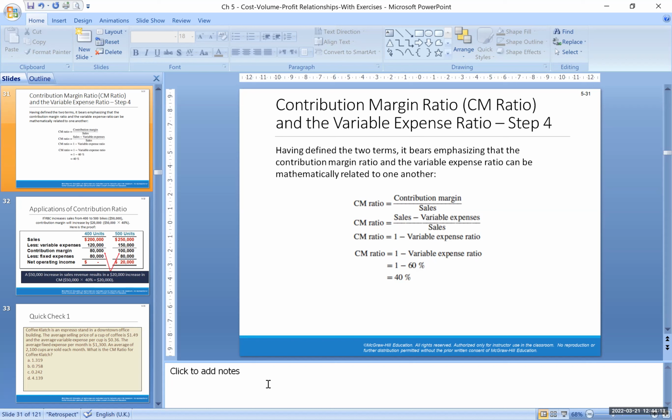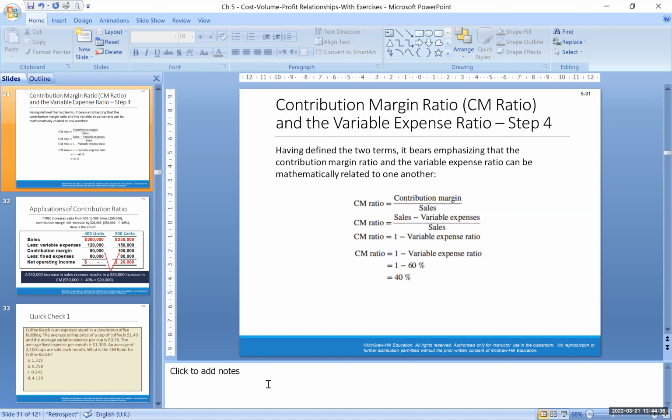Simply, the $1 in sales is represented by 1, with 40 cents in contribution margin and 60 cents for the variable costs. So the 1 refers to the selling price or the sales, and the 40% refers to the contribution margin.